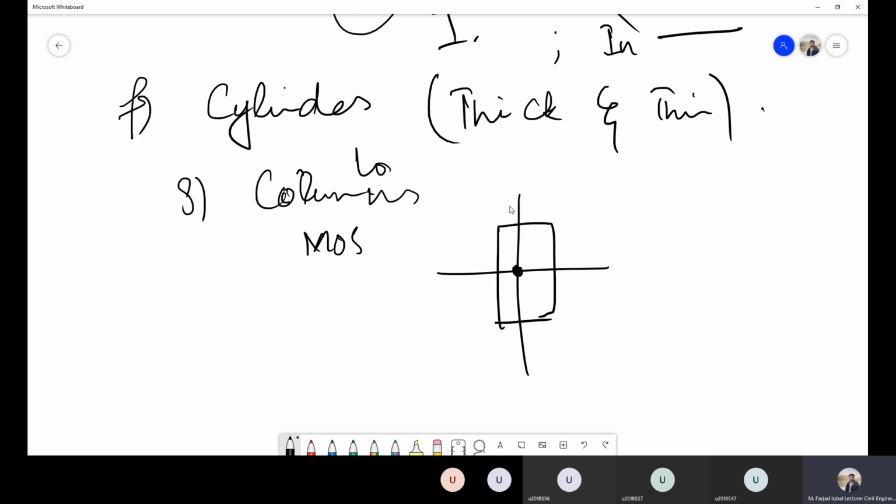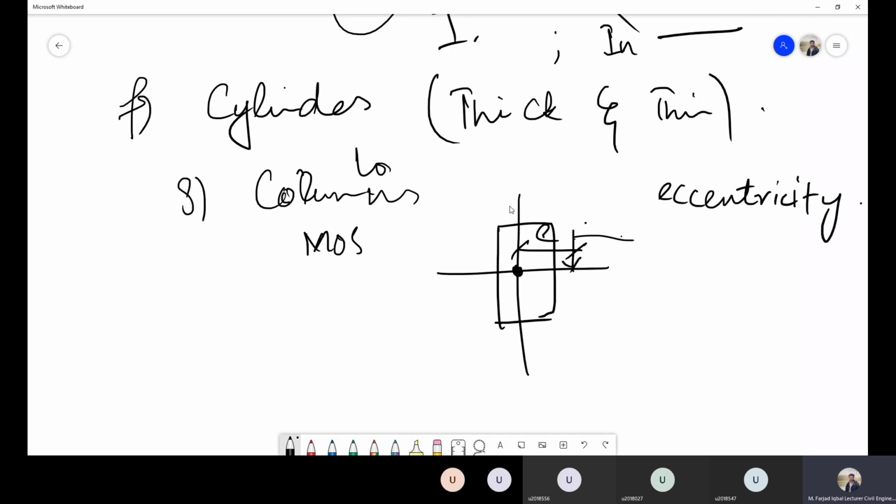Now, in this course, we will study the stresses which are developed in columns when the load is acting at some eccentricity. For example, let's say the load is acting at this point. Then we have some eccentricity with respect to the centroidal axis. Previously, the load was acting directly at the centroidal axis. Now the load is acting at some distance from the centroidal axis.